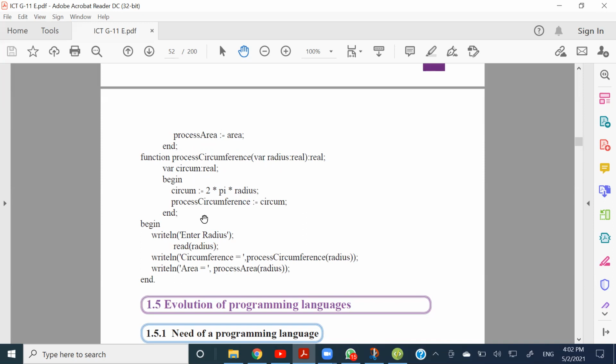Enter radius, that is right. Very good, Cyril. So this is the one which is going to get executed, right? Writeln enter radius. So we will be seeing enter radius on the monitor. So we will be given the value, and that value is going to be read to the radius variable.